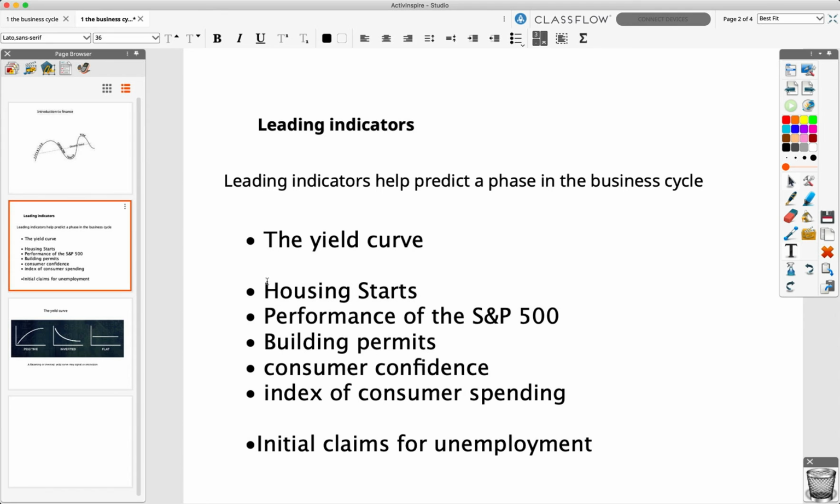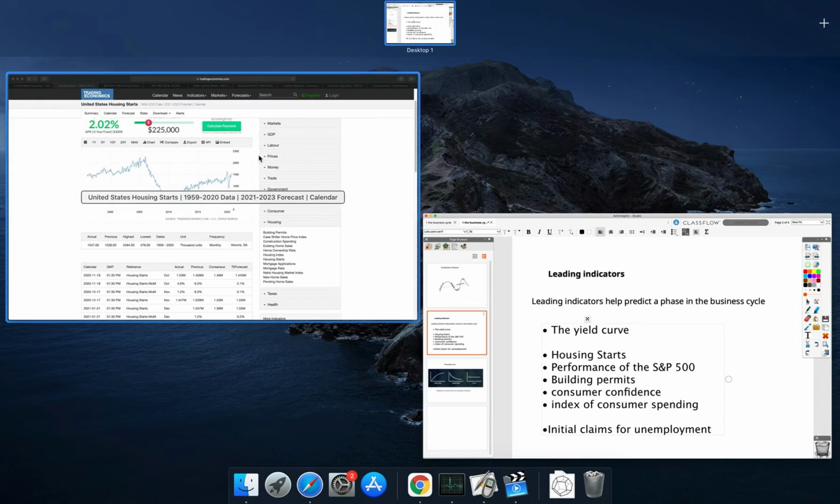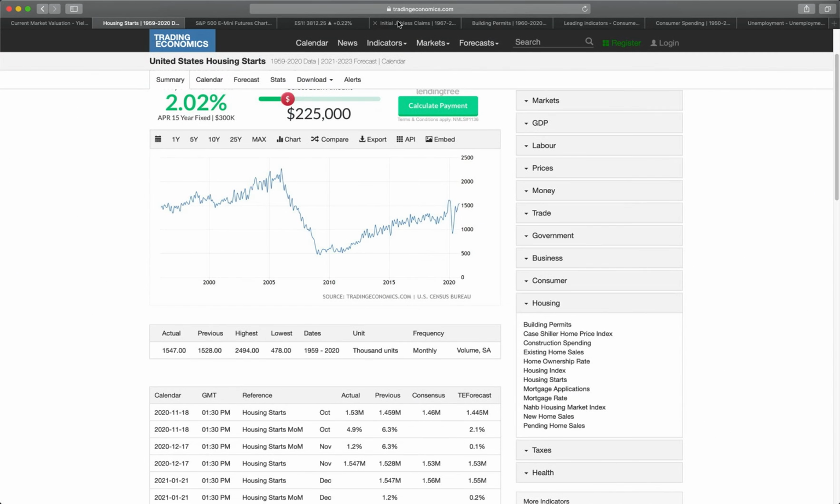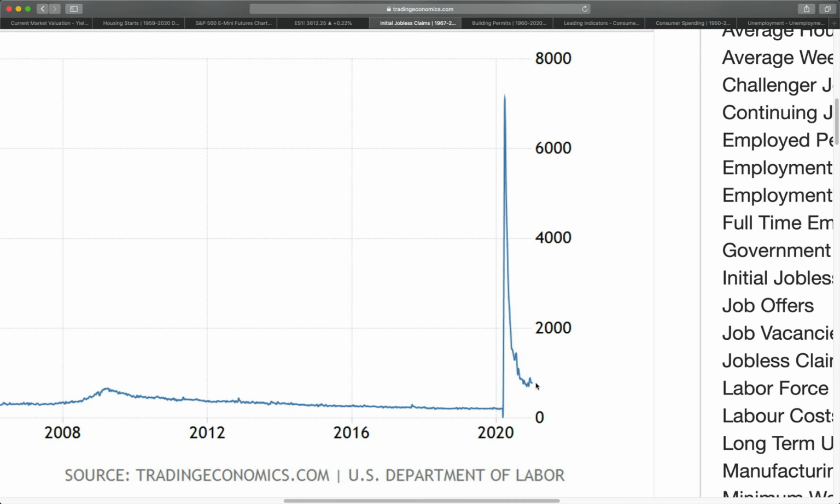Okay, so if we take a look at all the leading indicators that we've seen here, it basically signals an expansion, except for the initial claims of unemployment. Well, you can say that it's gone down, and so it's no longer showing an increase, so we can't say that we're entering a contraction phase, but it's still at a high level compared to previous years.